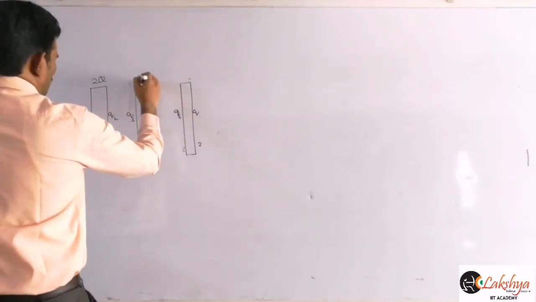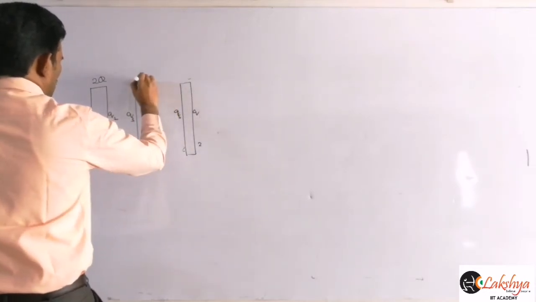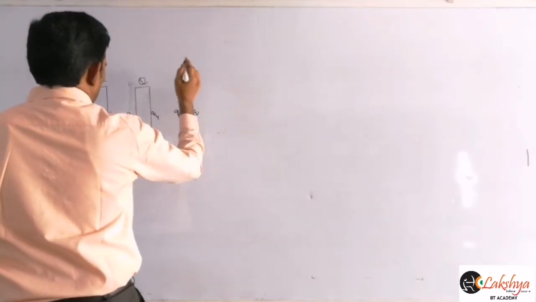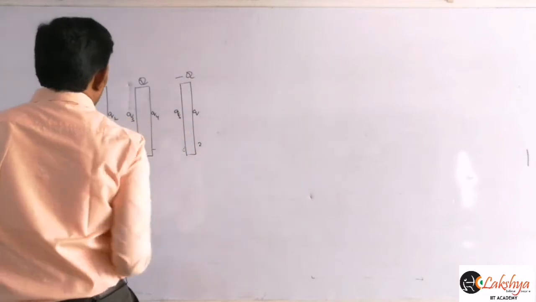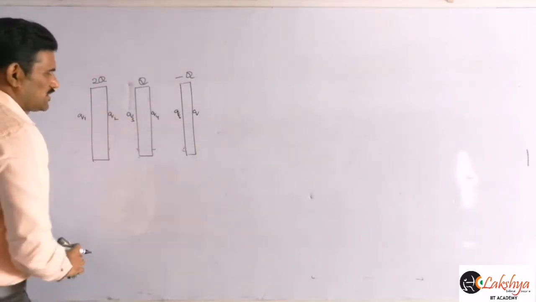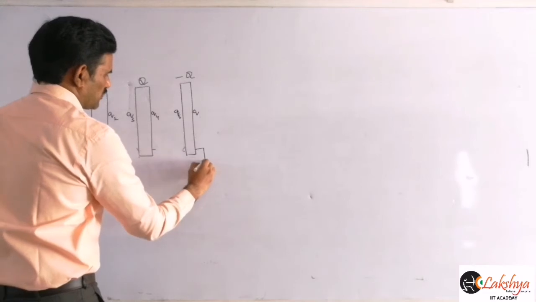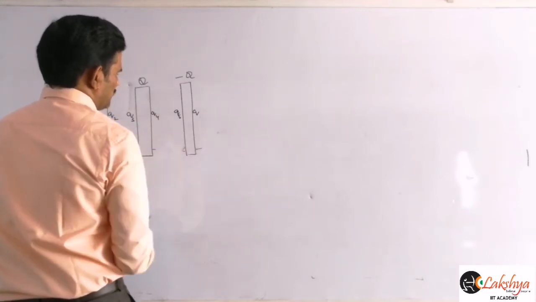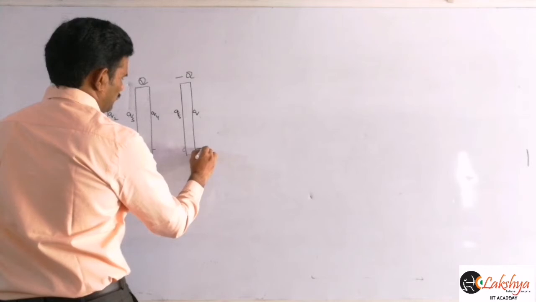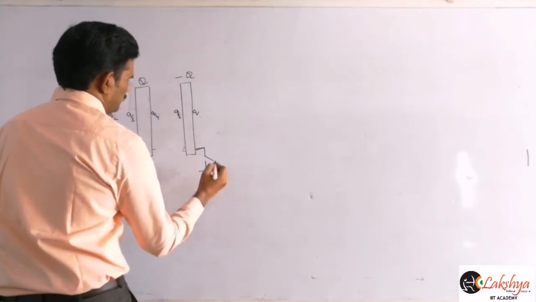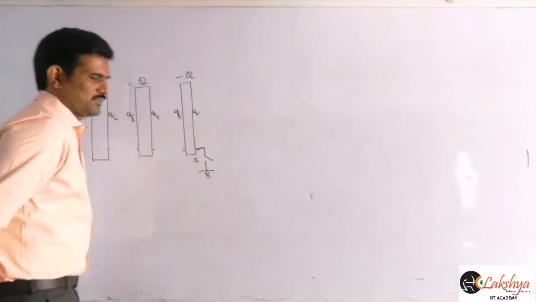Suppose some charge Q is present here and minus Q will be present on this. Now I am taking this situation, and this plate is connected to the ground through the switch S. This is a switch S.